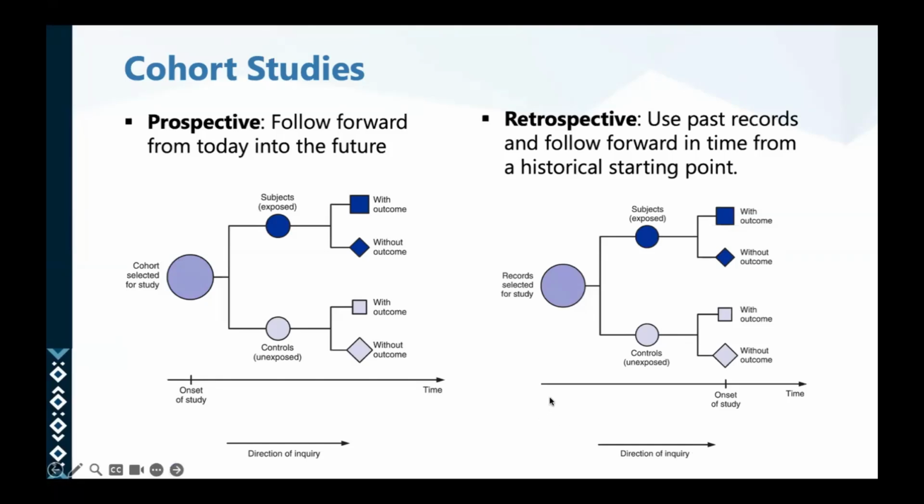You're starting somewhere where you already have the outcome, and you are getting some data maybe from their clinical files or clinical records. But note that unlike case control studies, the exposure is clearly happening before the outcome. Although you are starting at the outcome, the exposure occurred before.